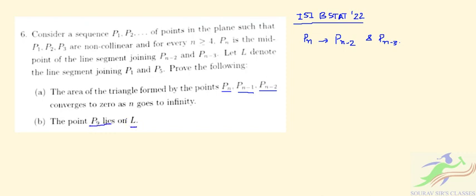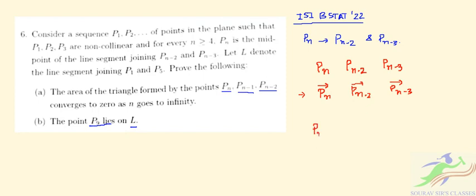So first we can see the sequence of points Pn, Pn minus 2 and Pn minus 3, and the corresponding position vectors.